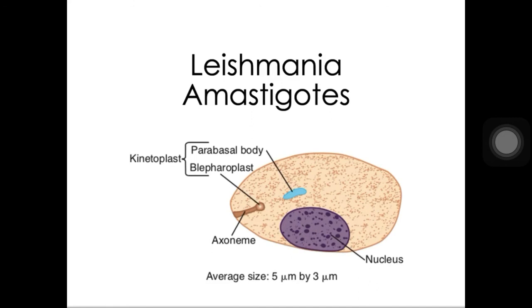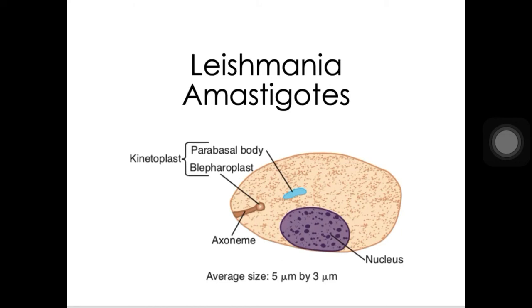For Leishmania infection, I will no longer go through each one, but the common ones are dum-dum fever or kala-azar. Those are commonly caused by Leishmania donovani, and we also have other forms or other types of Leishmania infection.